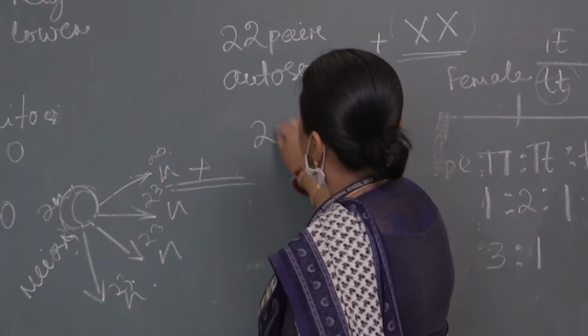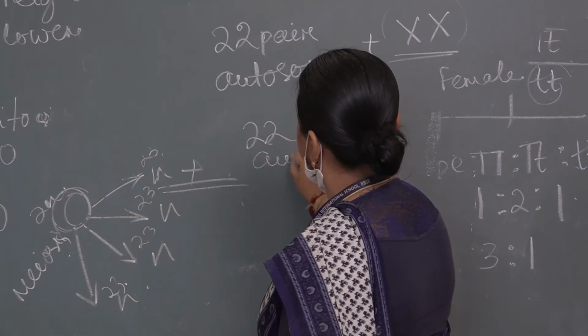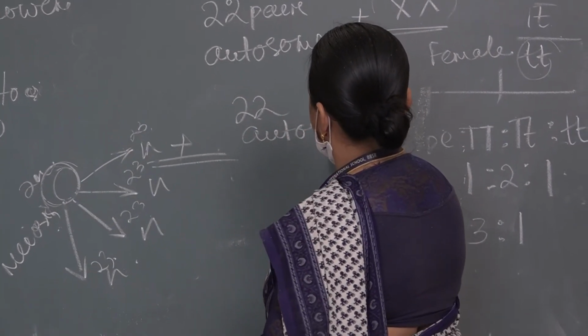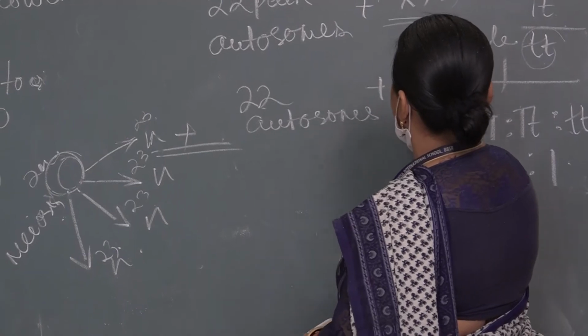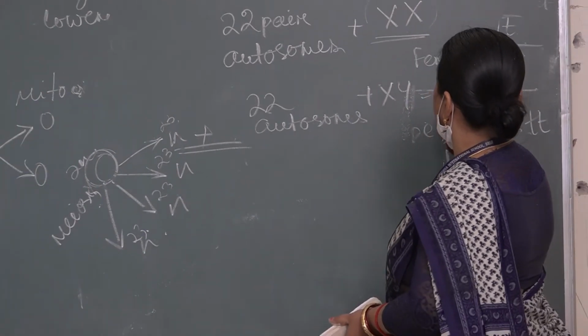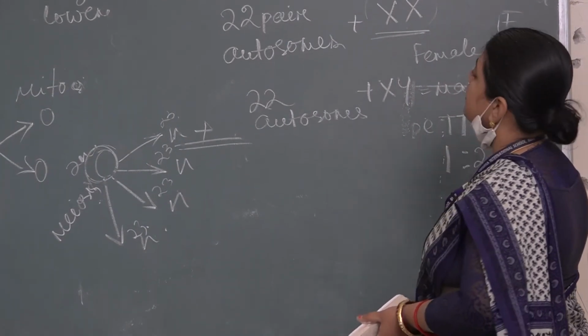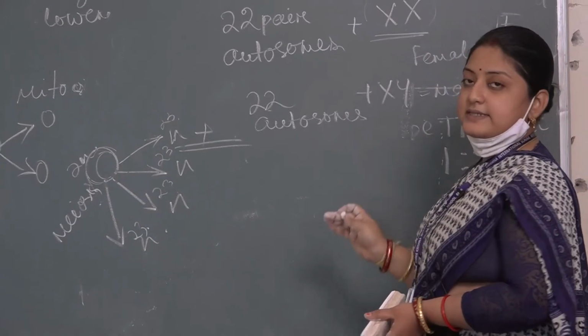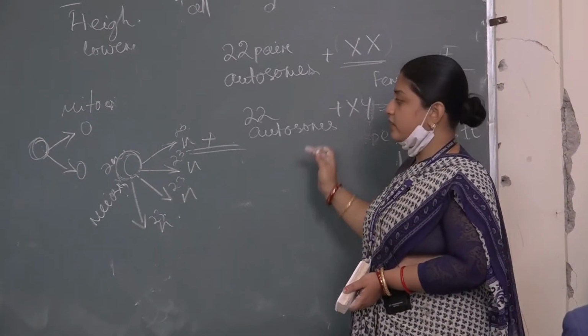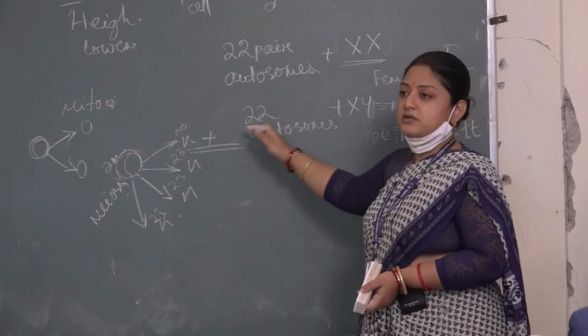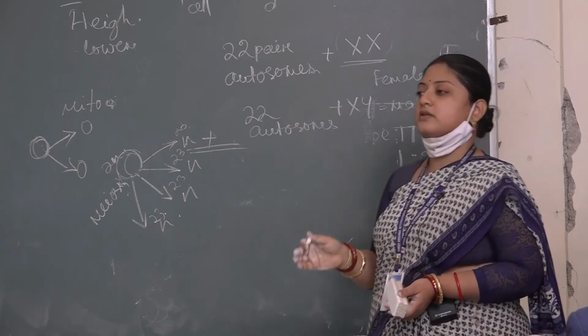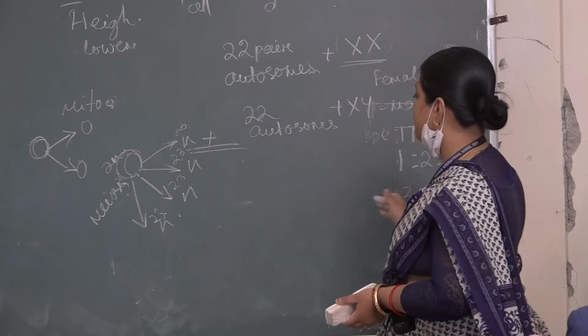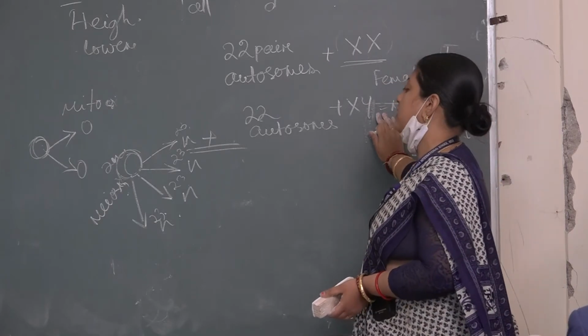And if it is 22 pairs of autosomes plus XY, then it is a male child. So this is about XX and XY, how you will determine whether the baby born will be a boy or a girl.